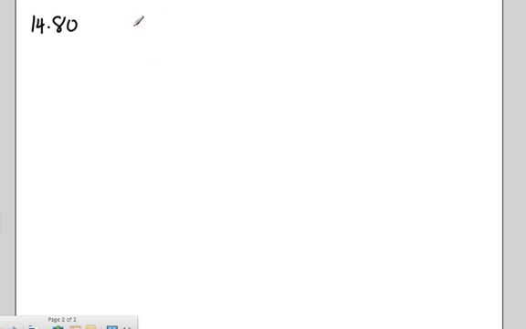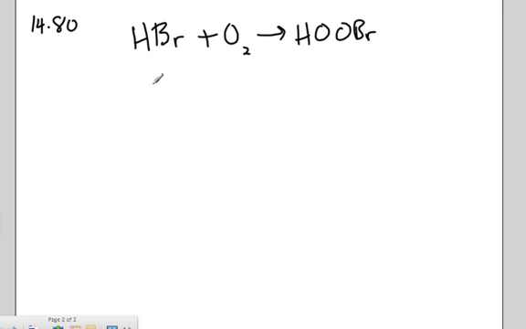Now, the advantage to number 16, which is also number 86 in the textbook, is that they gave you the overall equation. In number 80, the unnumbered question, they did not give us the overall equation. In fact, we had to come up with that. Having the overall equation gave us a hint that we needed to do that multiplying.